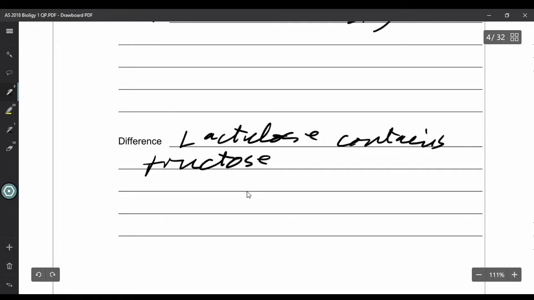Now some students just left the answer at that and they didn't get the mark because you're not saying how it's different to the other molecule. So you've actually got to explain that. So in this case you'd say, but lactose contains glucose.